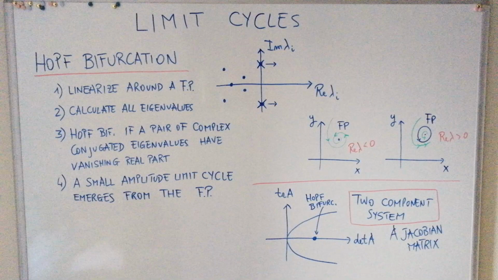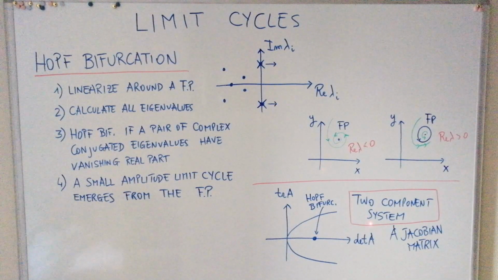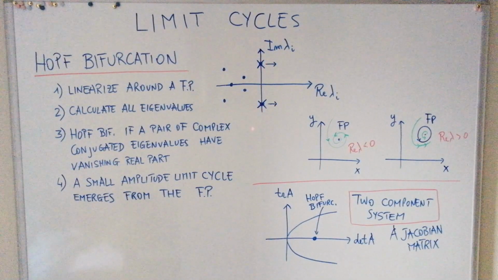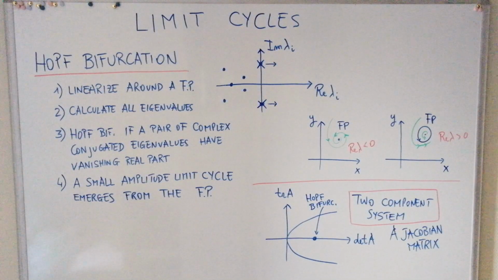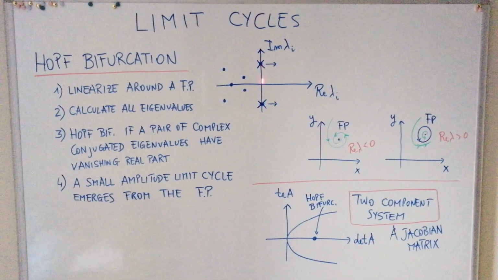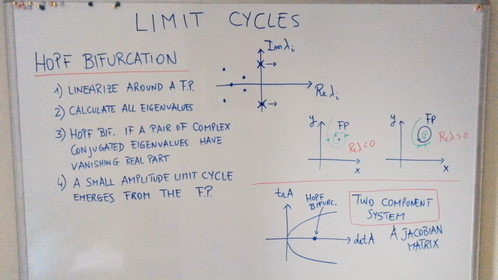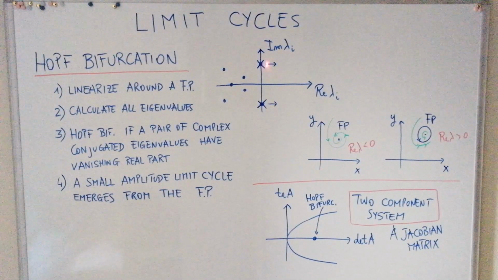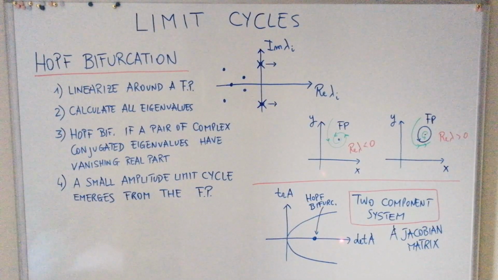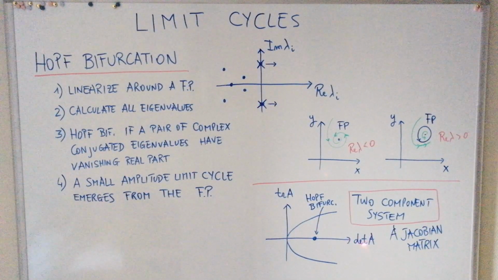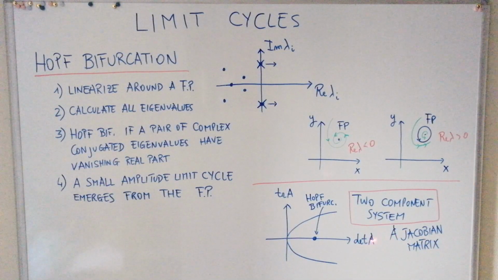In particular, if we look at a 2-component system, what does this Hopf bifurcation correspond to? It's found precisely when the eigenvalues have negative real part and are complex conjugated. This means that the Jacobian matrix A has a positive determinant and trace equal to 0. So this is the Hopf bifurcation point.